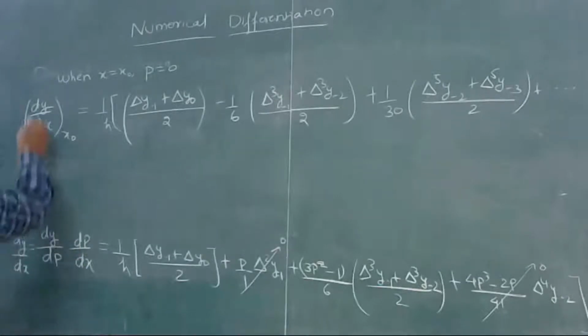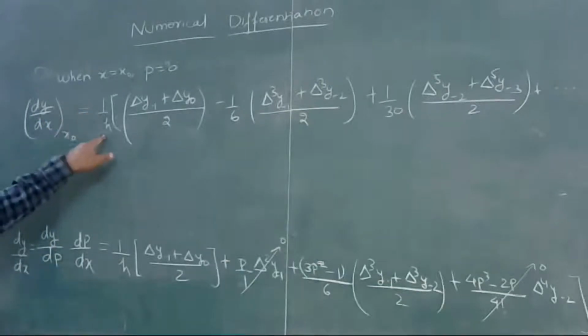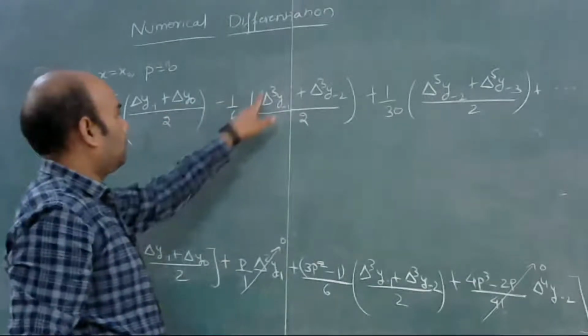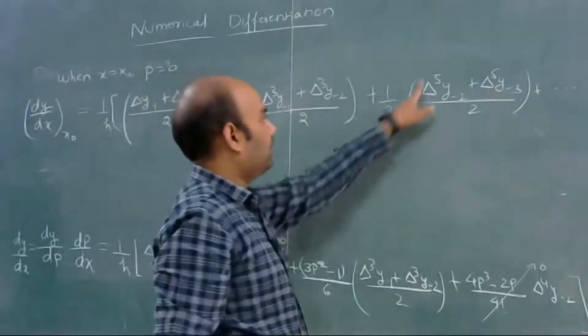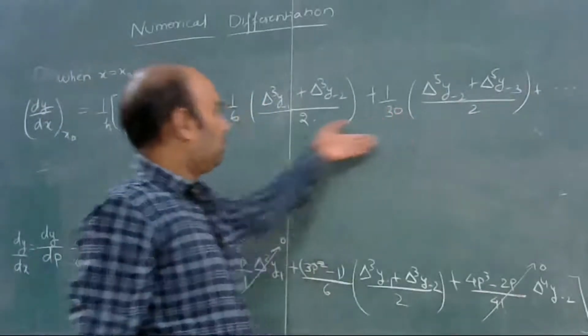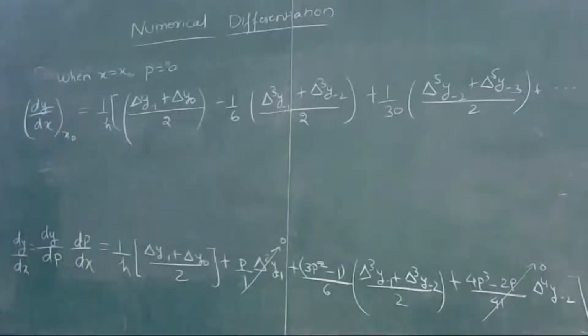So this is dy/dx at x is equal to x₀: 1/h [(Δy₋₁ + Δy₀)/2 minus 1/6 (Δ³y₋₁ + Δ³y₋₂)/2 plus 1/30 (Δ⁵y₋₂ + Δ⁵y₋₃)/2]. So even difference values are absent here. This is the value of differentiation dy/dx using Stirling's difference formula, and similarly we can find for higher order.